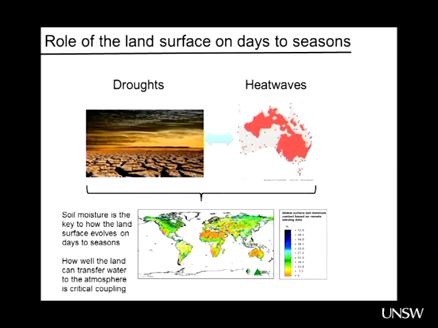So that link between droughts and heat waves is all about the same thing. It's all about soil moisture. Soil moisture is key to how the land surface evolves on timescales of days to seasons. It's really important. It's very hard to measure. Remote sensing techniques only give you soil moisture in the first centimetre or 2 or 3, not the whole of the root zone.